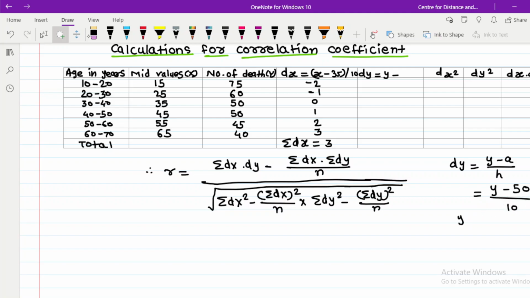Then for y is equal to 75, we get dy is equal to 75 minus 50 divided by 10, which is equal to 25 divided by 10.